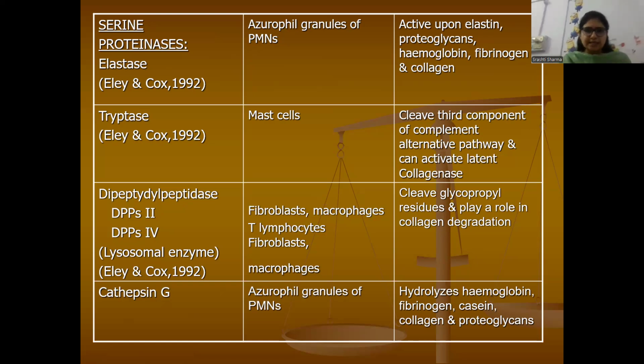These are lysosomal enzymes. Source: fibroblasts, macrophages, and T lymphocytes. The action is to cleave glycyl-prolyl residues and play a role in collagen degradation. Cathepsin G: source, eosinophil granules of PMN; action is to hydrolyze hemoglobin, fibrinogen, casein, collagen, and proteoglycans.